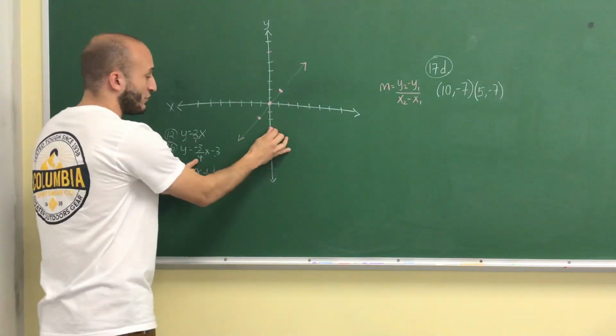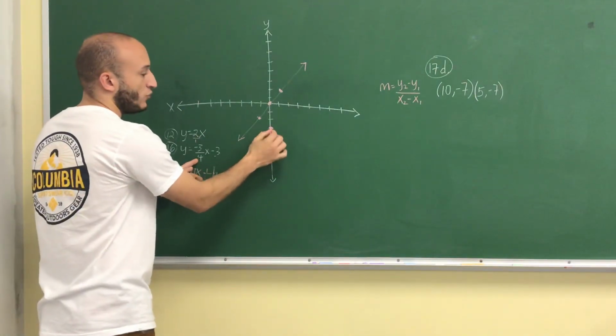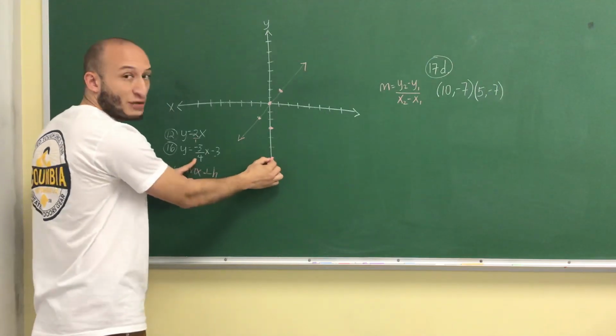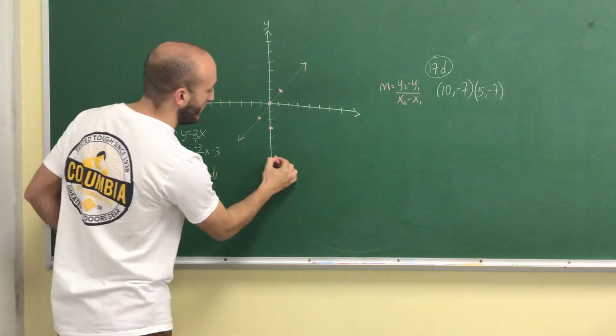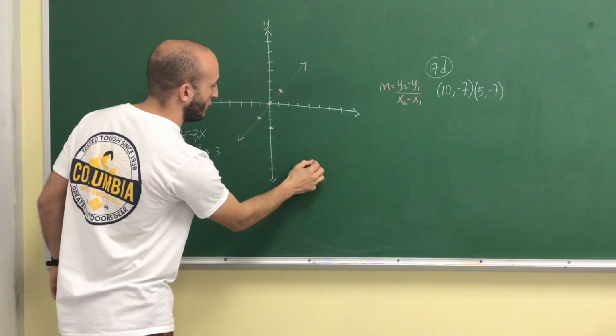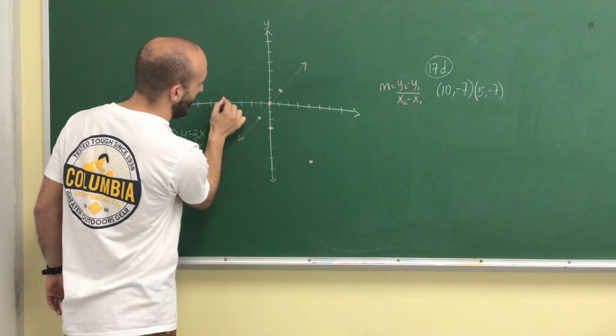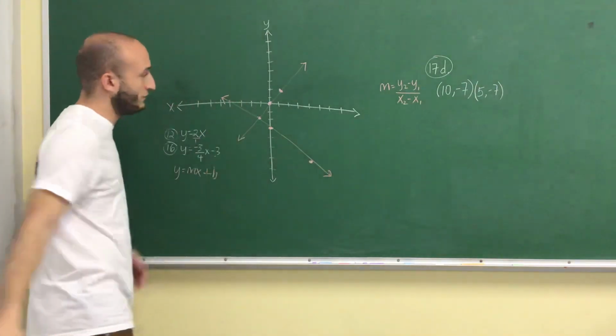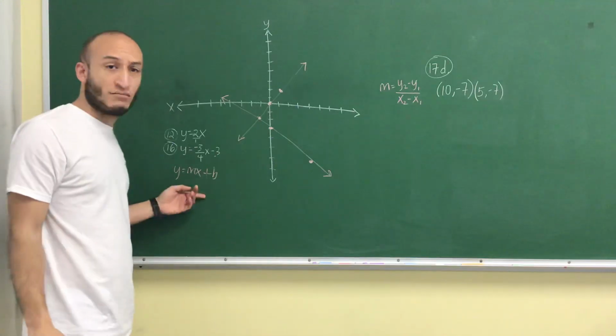So -3, I'm going to go down, starting from that point. 1, 2, 3. Now the 4 is positive, so I'm going to move to the right 4 units. 1, 2, 3, 4. And I have a line there. And that's about it for this graph.